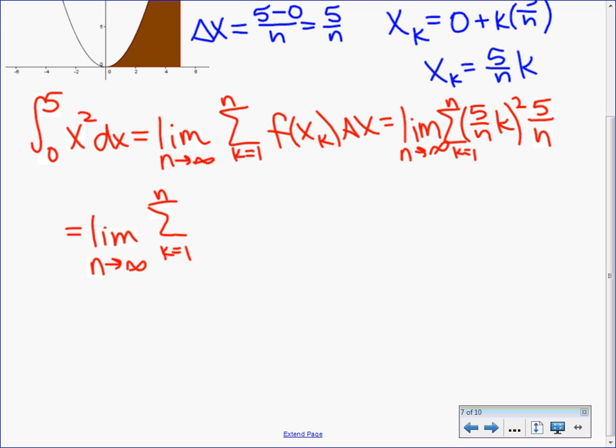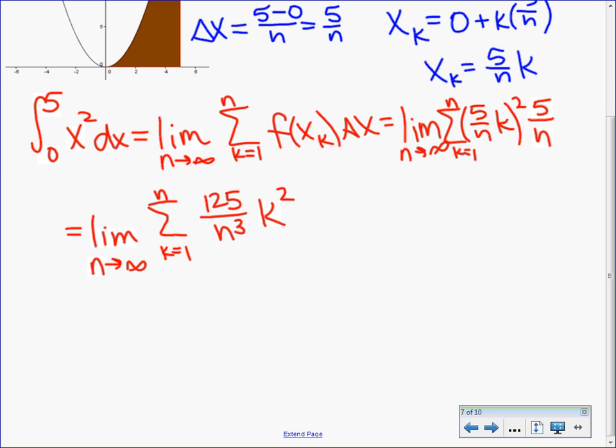Okay, so what are we summing up? What does that simplify to? 5 squared times 5, 125 over n cubed times k squared. Okay.